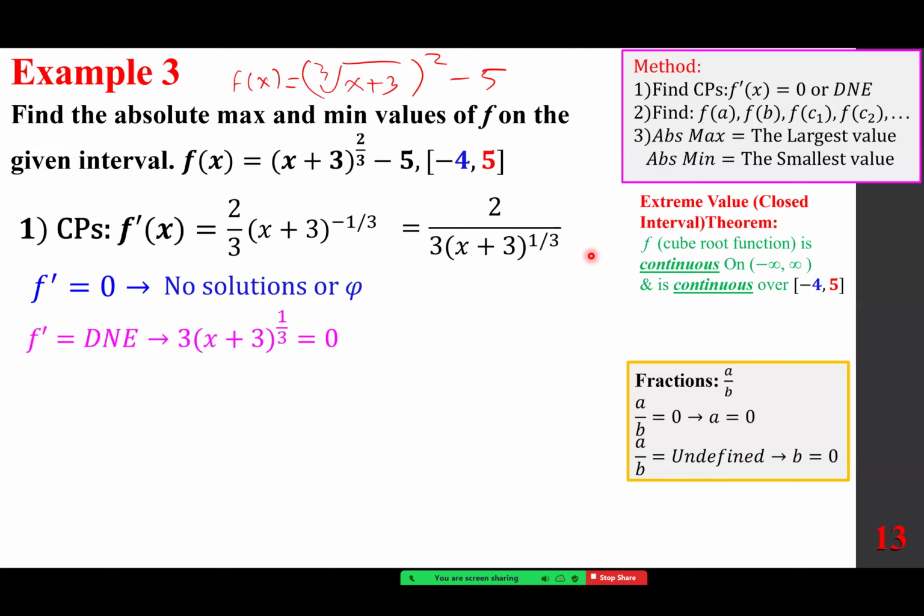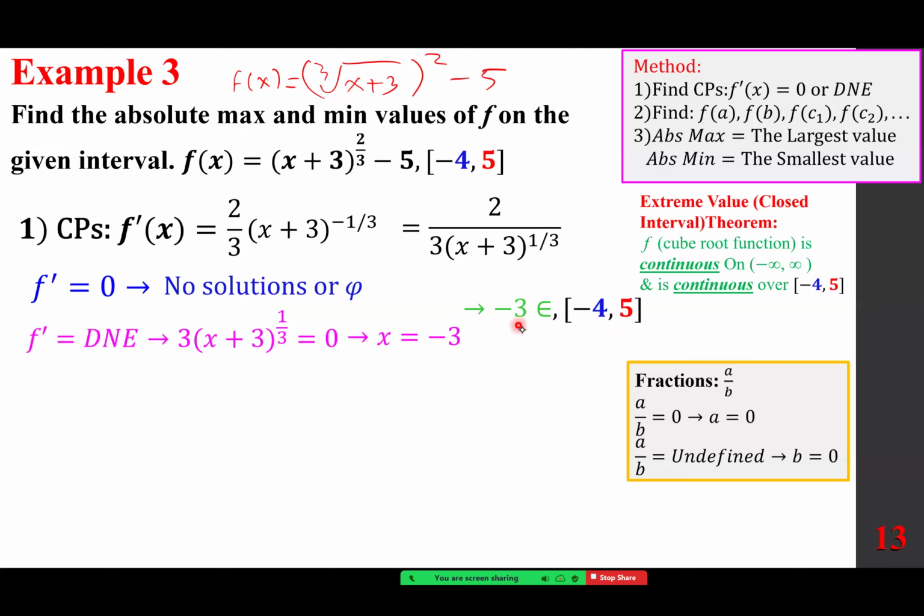Now, you don't even have to work it out to see that with x being -3, this expression becomes 0. And is this part of the given interval? The answer is yes. So we write -3 is an element of the interval, and therefore we have to evaluate the function at these two endpoints as well as at -3.